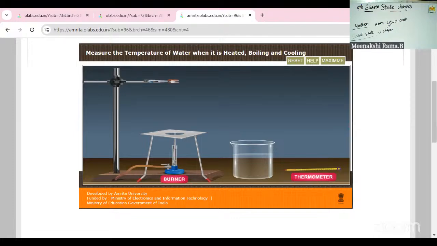They take up the shape of the container. They flow and change shape also. Liquid particles are loosely packed.